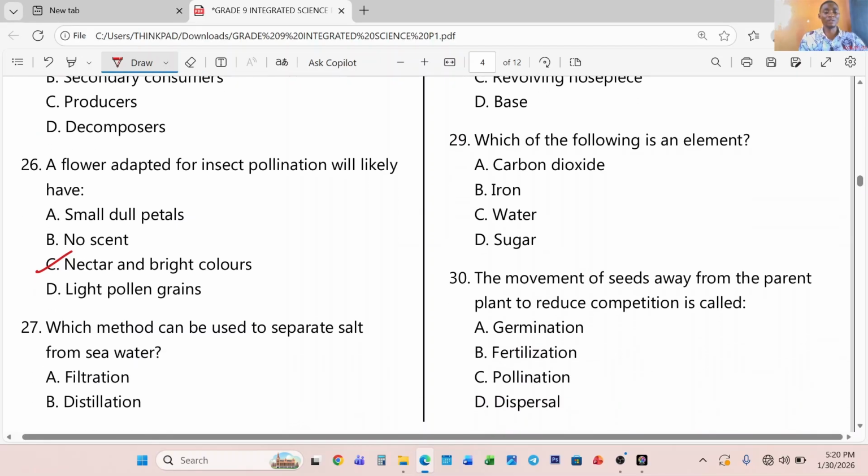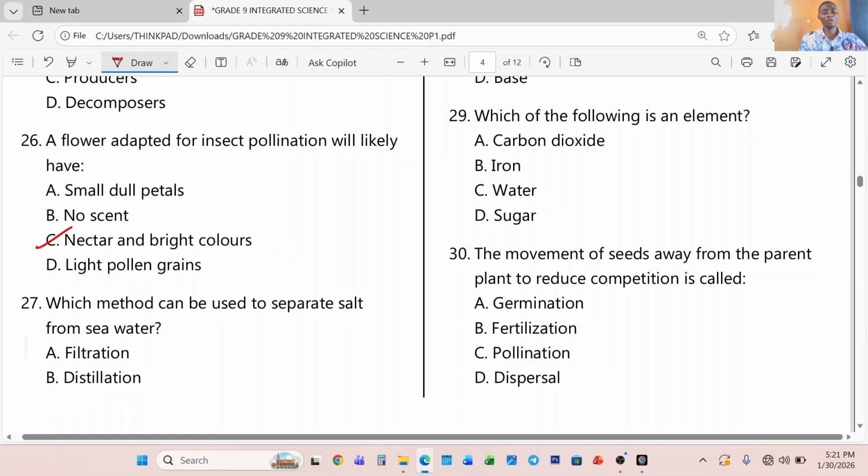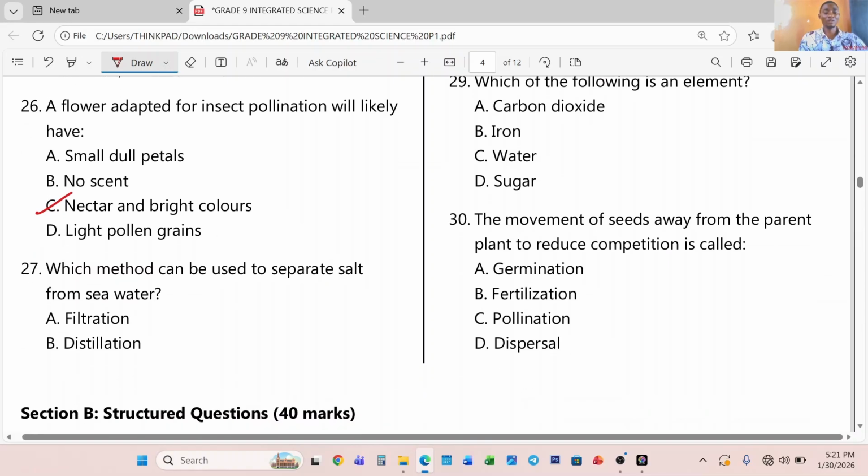Question 27. Which method can be used to separate salt from sea water? We have filtration, which is commonly used for liquid and solid which is insoluble.